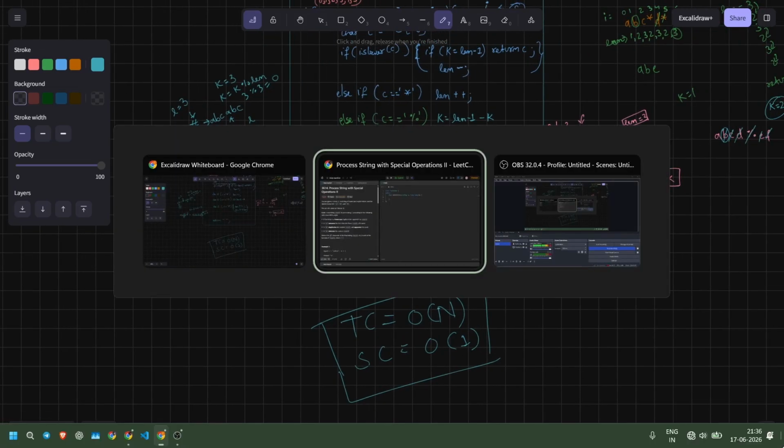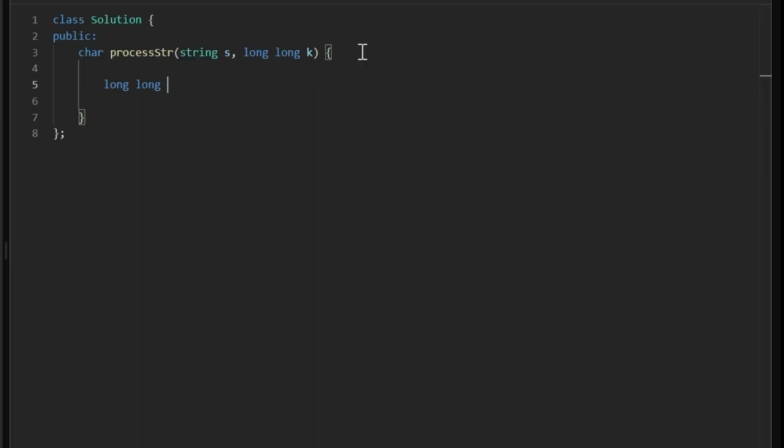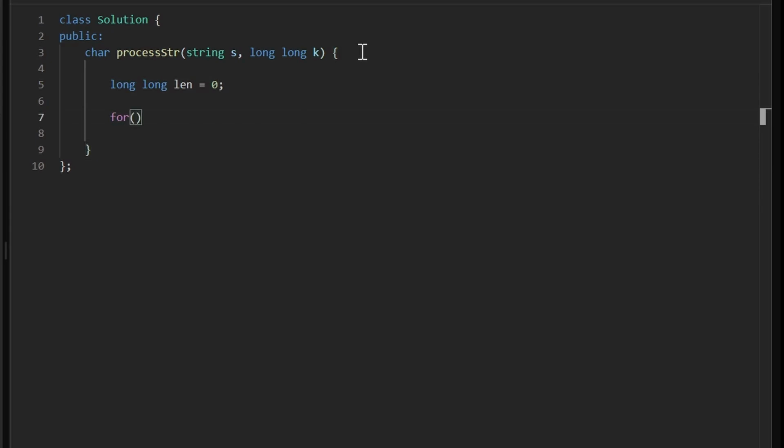So let's code it. What we are going to do is, for every character, consider the length equal to 0. First we are going to find the length of this string. Whenever we get a lowercase character, we increment length by 1.